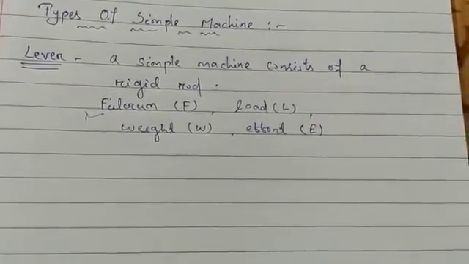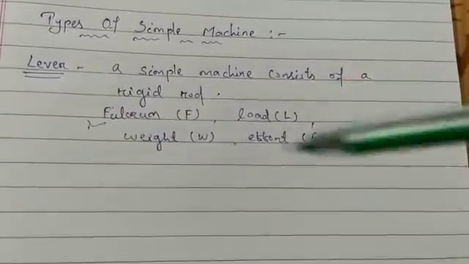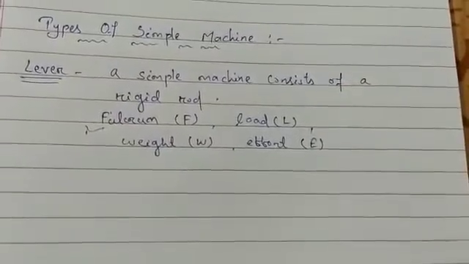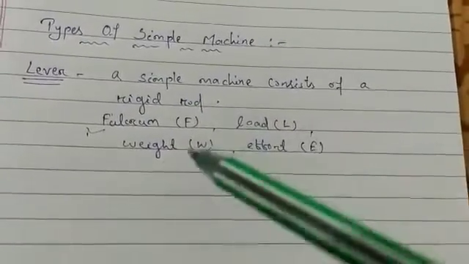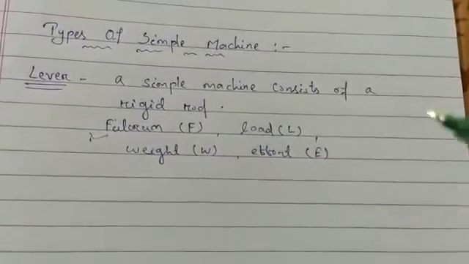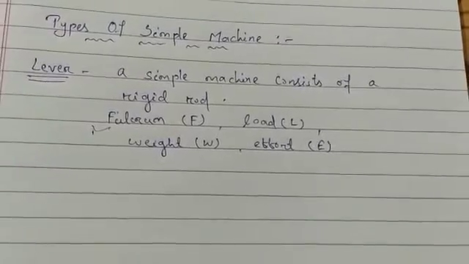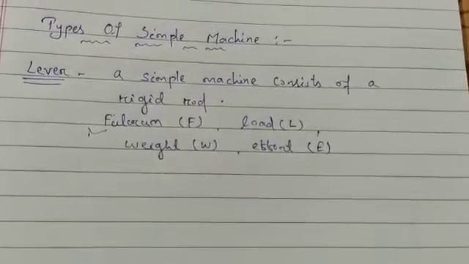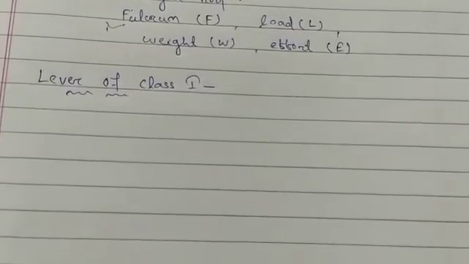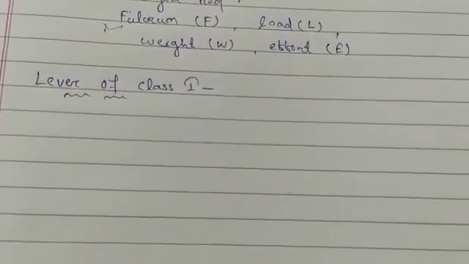Depending upon the position of the fulcrum, effort and load, the levers are of three types: levers of class 1, class 2 and class 3. In a lever of class 1, the fulcrum lies between the effort and the load.